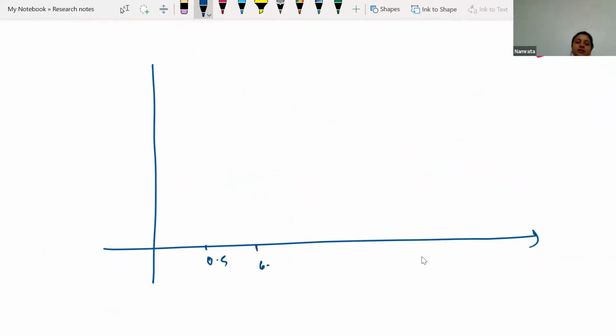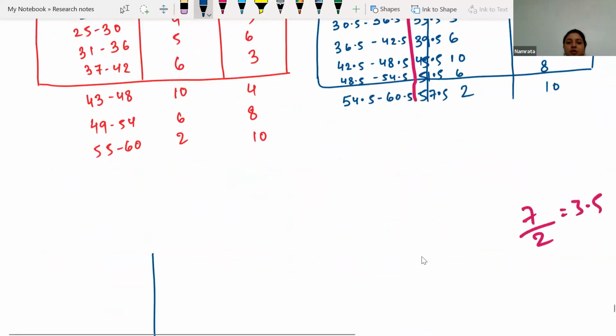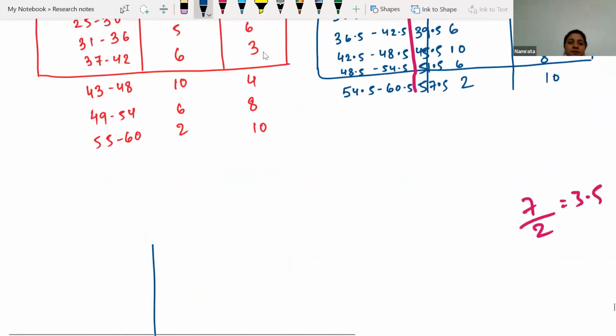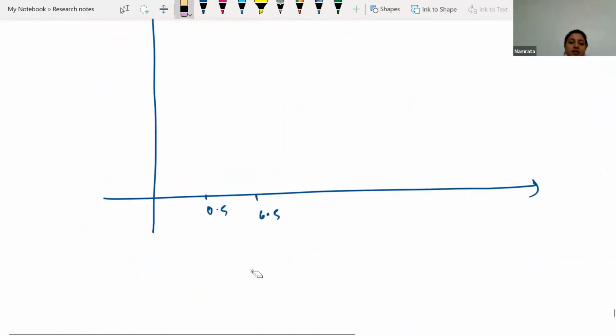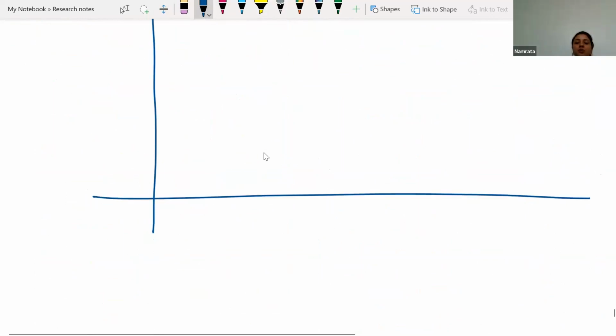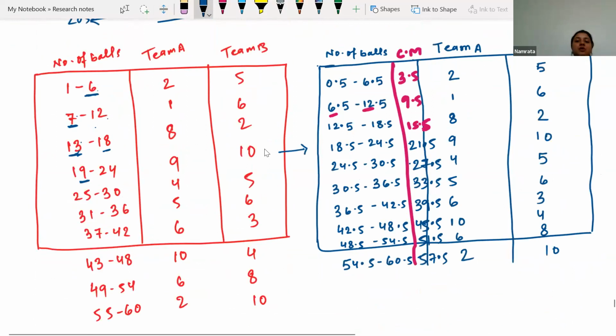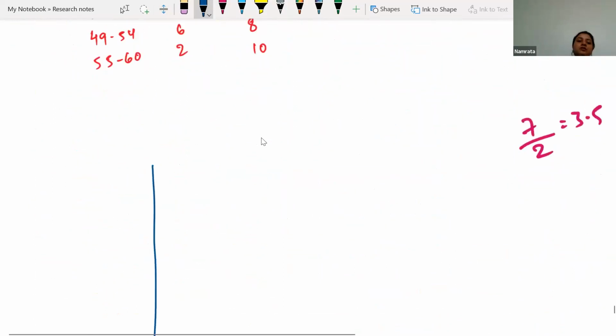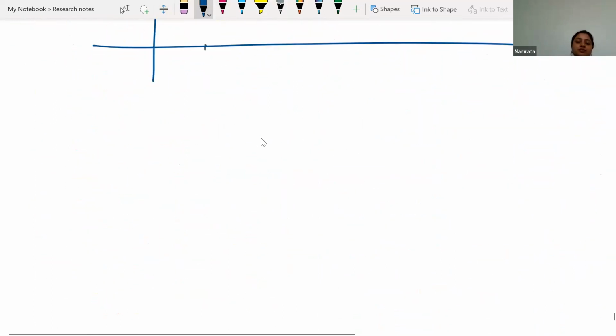We just need to take the class mark now. We will not focus on the intervals. We have found the class marks, so we can take them directly and go ahead. No need to take the intervals now because we are not going to draw the histogram. So 3.5 is the first one.